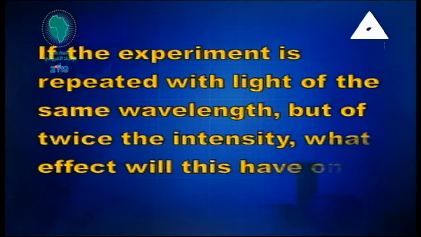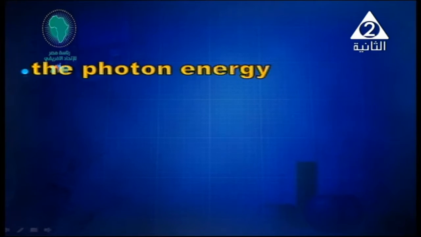Okay, if the experiment is repeated with light of the same frequency, same wavelength, but of twice the intensity, we made just one difference. We increased the intensity. What effect will this have on the photon energy?